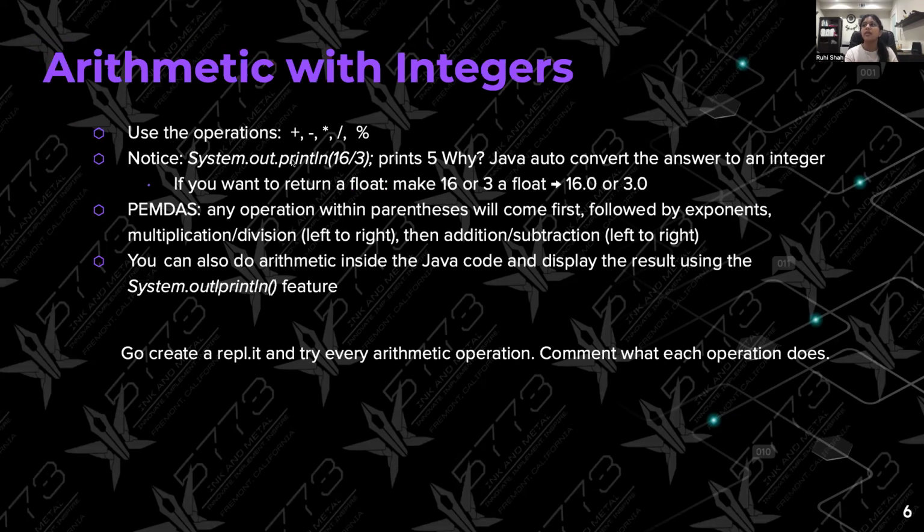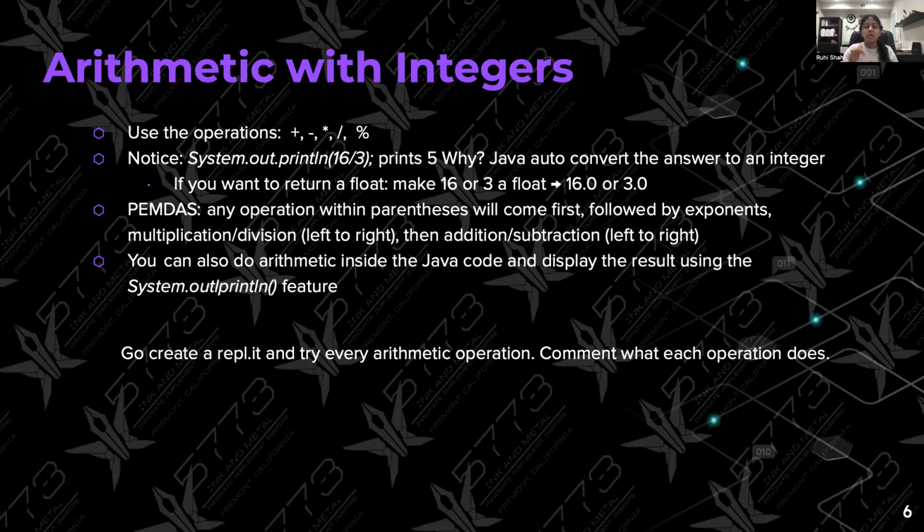But notice how if you try to print out 16 divided by 3, it'll print 5. We obviously know that 16 divided by 3 does not evenly divide into 5. It's more like 5 and 1/3. The reason this happens is because Java sees 16 and 3 as both integers, and when you divide an integer by an integer, you have to result in an integer.